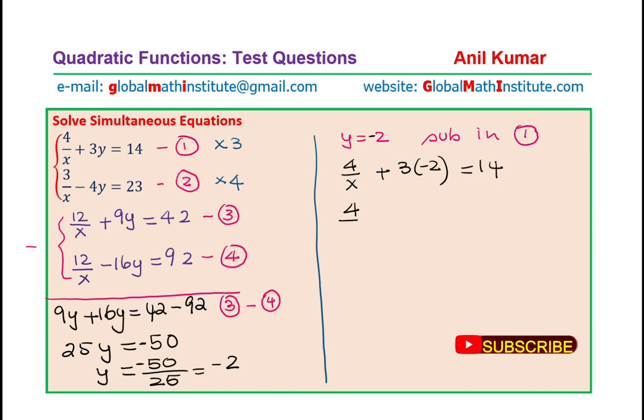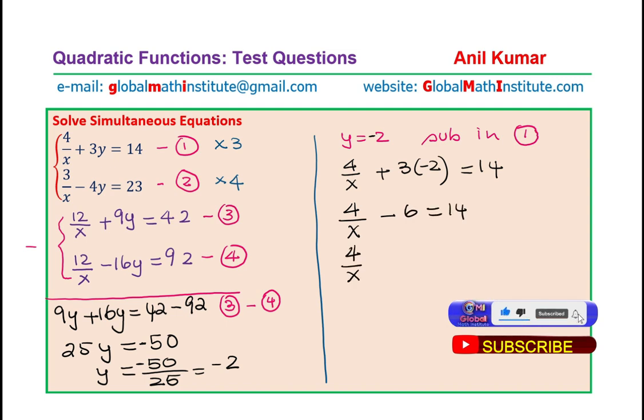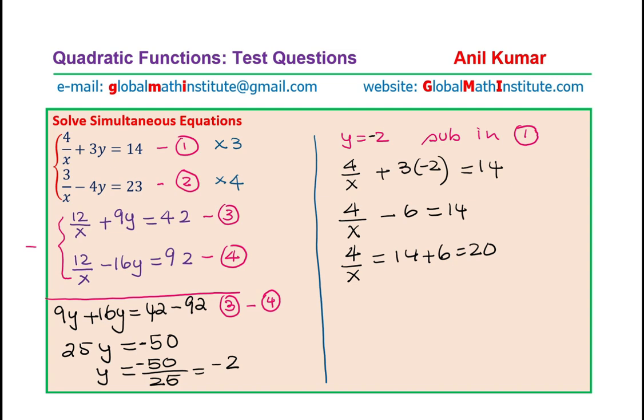So we have 4 over x minus 6 equals 14. 4 over x equals 14 plus 6, which is 20. Right, so 4 over x is 20, cross multiply. So we get 4 over 20 equals x, which is 1 over 5, right? So we get our solution. The y value is minus 2 and the x value is 1 over 5.